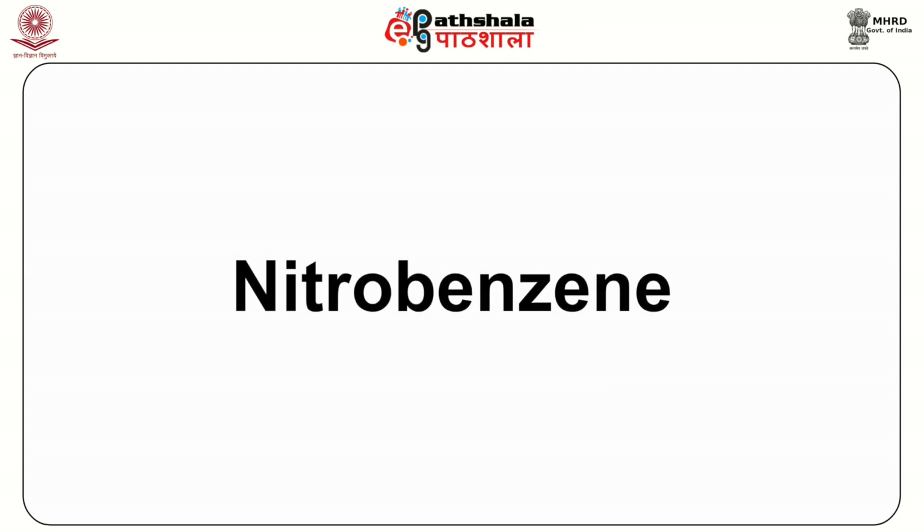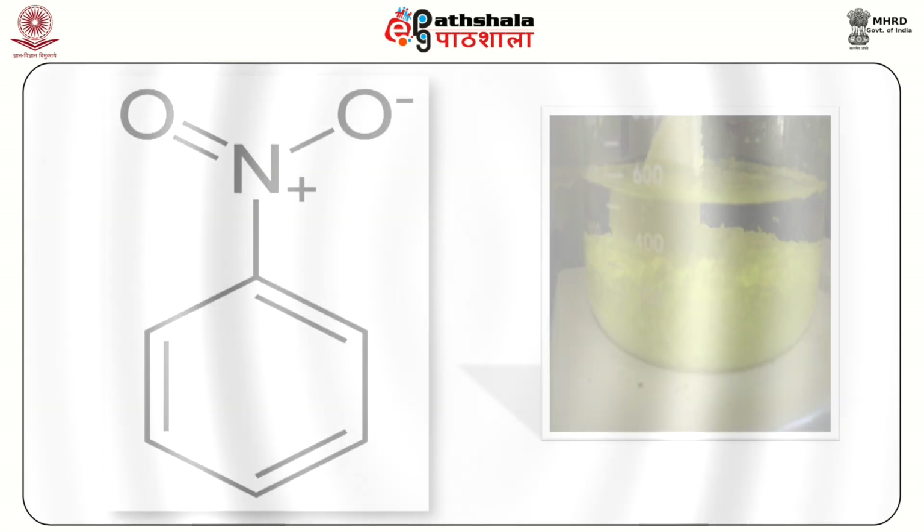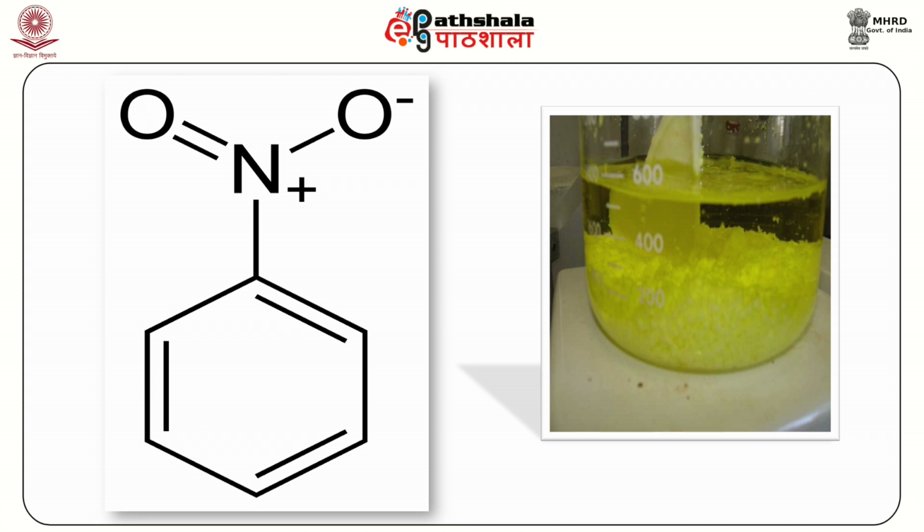Nitrobenzene, chemical symbol C6H5NO2. It is a water insoluble pale yellow oil with almond-like odor with density 1.20 gram per cc. It freezes to give greenish yellow crystals.